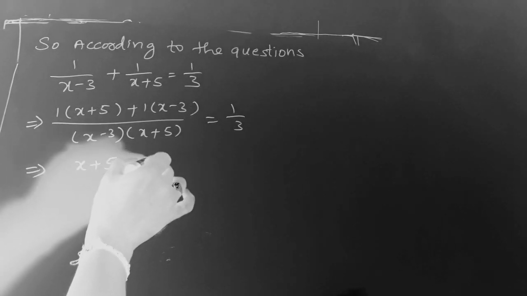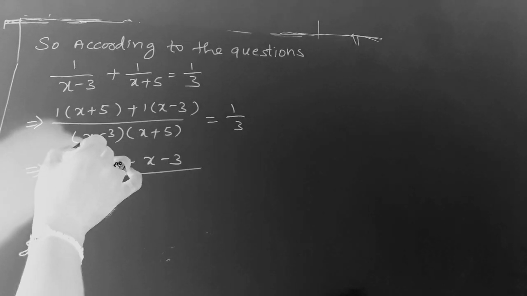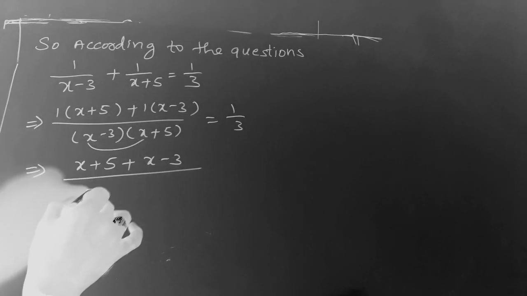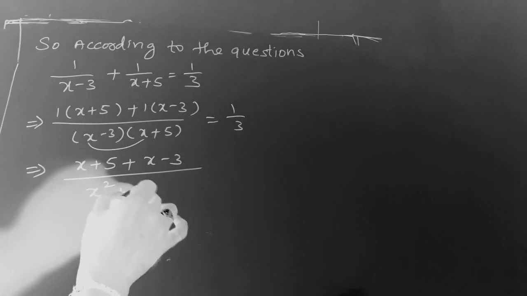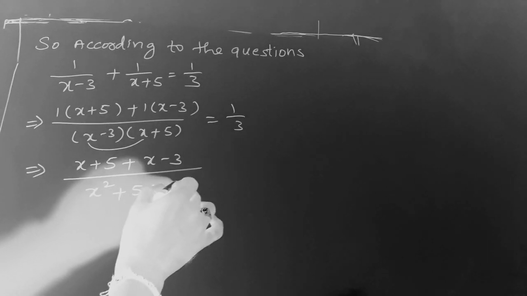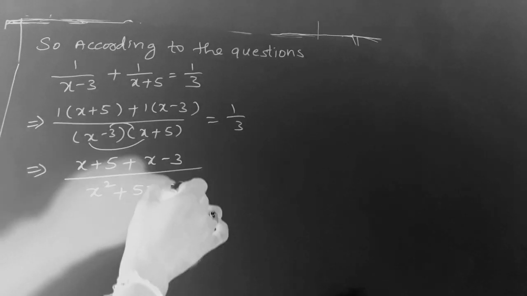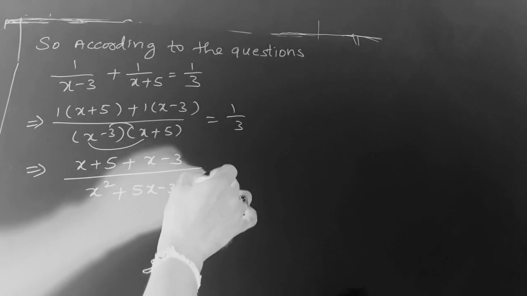Now 1 into x plus 5 will be the same, x plus 5. Here also 1 into x minus 3 will be the same, x minus 3. In the denominator, x into x is nothing but x square, plus x into 5 is nothing but 5x, minus 3 into x is nothing but minus 3x, minus 3 into 5 is nothing but minus 15.